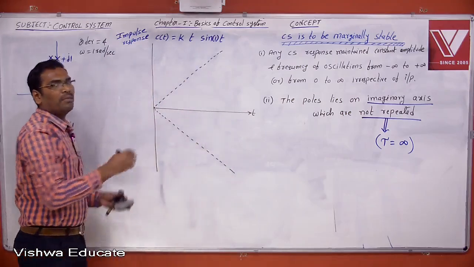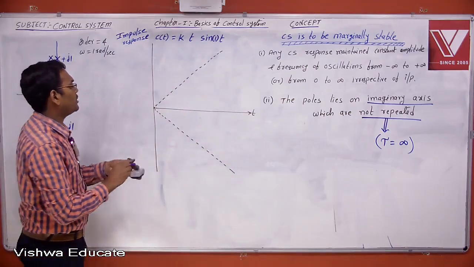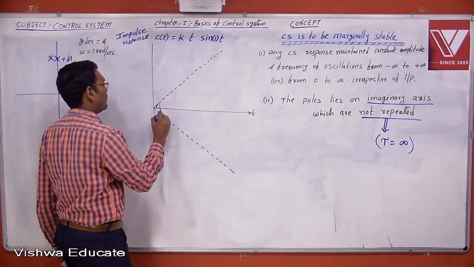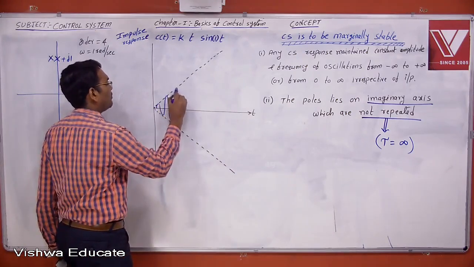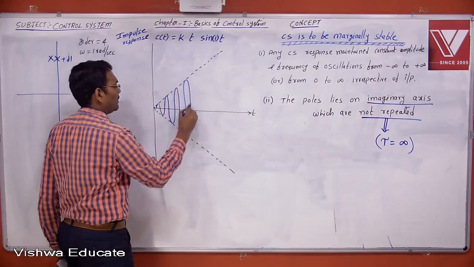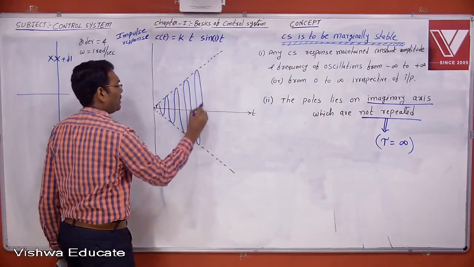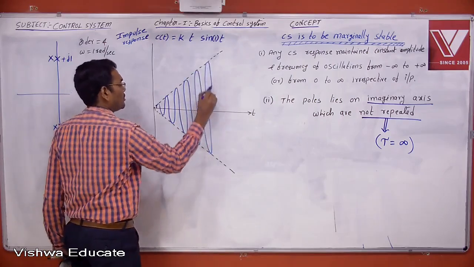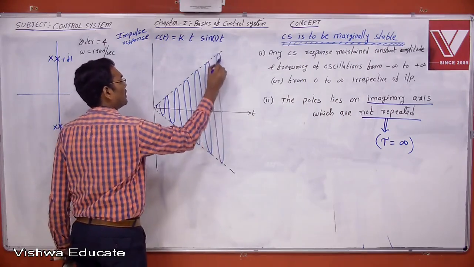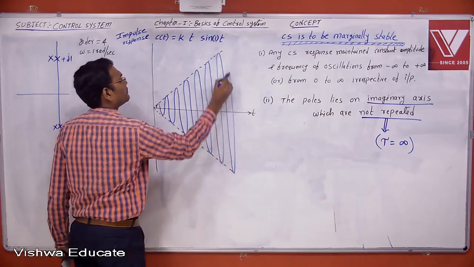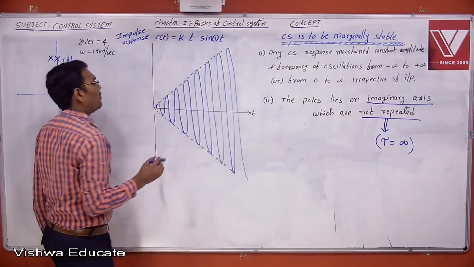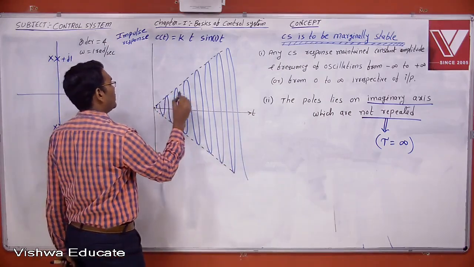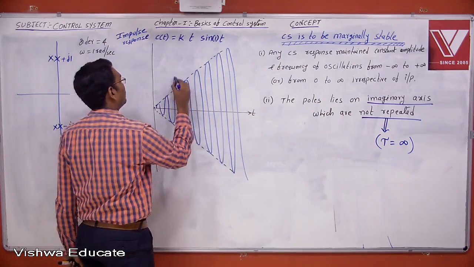In the common area, the frequency of oscillation is 1 radian per second.